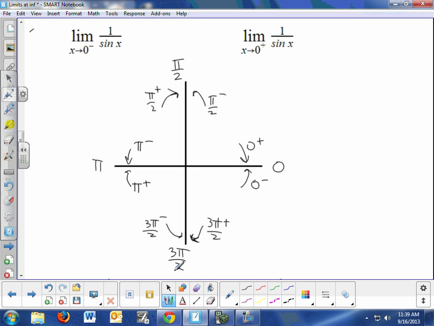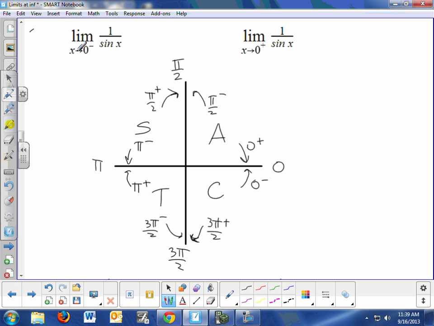Now, this is going to help us, and our mnemonic, awesome students take calculus, is going to help us, telling us which trig functions are positive in which areas. Okay? I'll show you why that helps us.